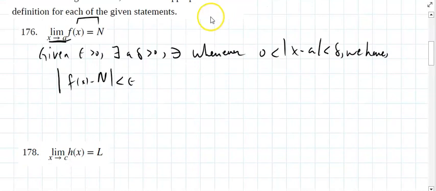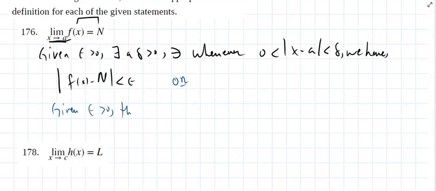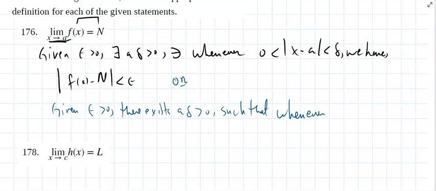Of course, you are welcome to say, given epsilon is bigger than 0, there exists a delta bigger than 0 such that whenever 0 is less than the absolute value of x minus a less than delta, we have the absolute value of f of x minus L is less than epsilon.